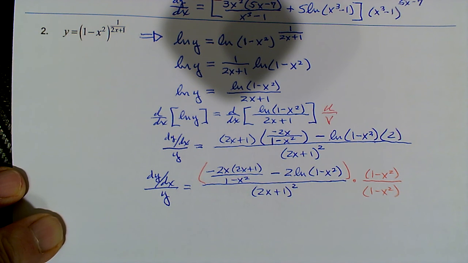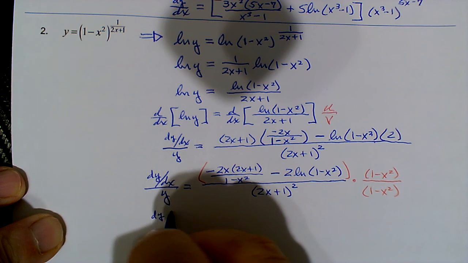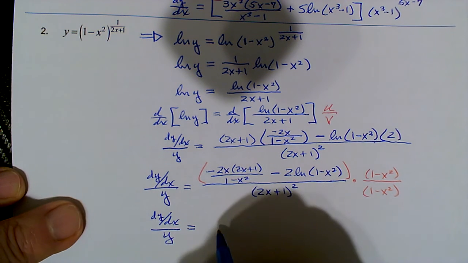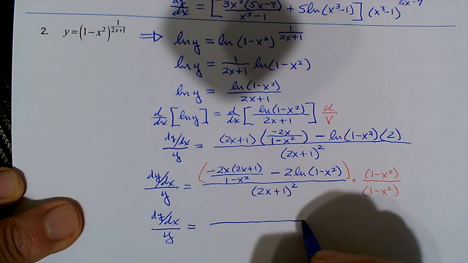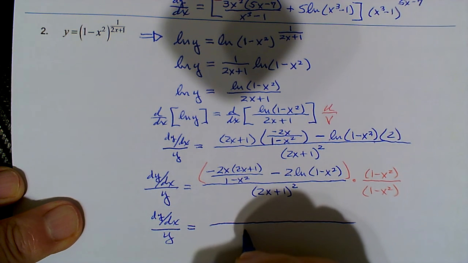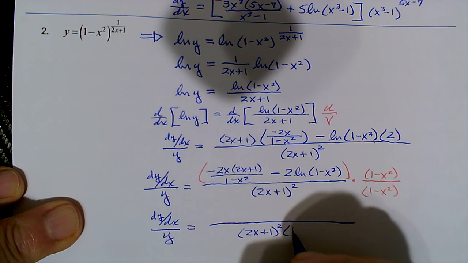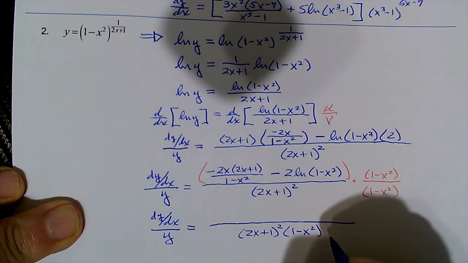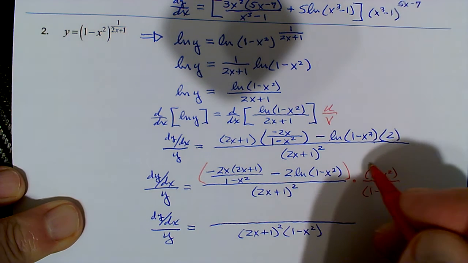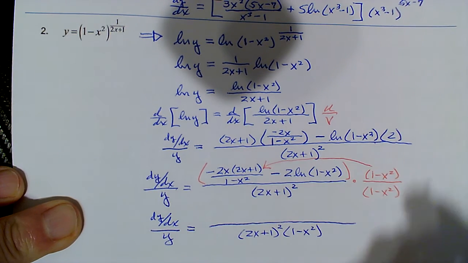And when we do, okay, let me still rewrite this left side as dy/dx over y. This is going to eliminate the fractions. In the denominator, that 1 minus x squared just simply joins the 2x plus 1 that's being squared. But when we distribute the 1 minus x squared to the terms in the numerator, when we multiply it by the first term, we get a cancellation.